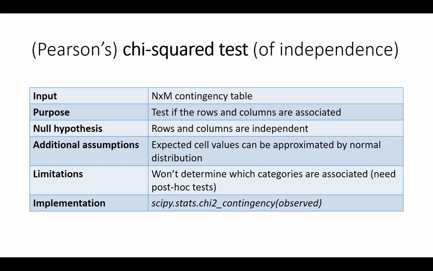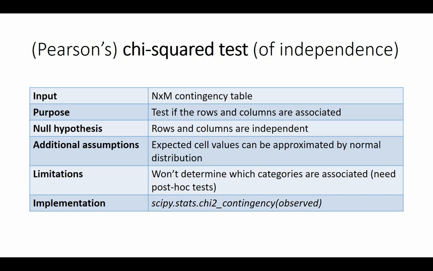But unlike Fisher's exact test, this one is not exact. So it does make additional assumptions. And like most parametric tests, you will need to make sure that the assumptions hold. In this case, the assumption is that the expected cell values can be approximated by normal distribution. I will explain in a minute what exactly it means.